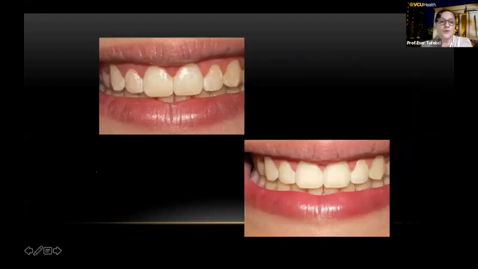Here are some photos that show improvement. In this case, what we are doing is really working with the refractive index. The refractive index of healthy sound enamel is 1.62. If we have porous lesions on tooth enamel, the refractive index with saliva is around 1.